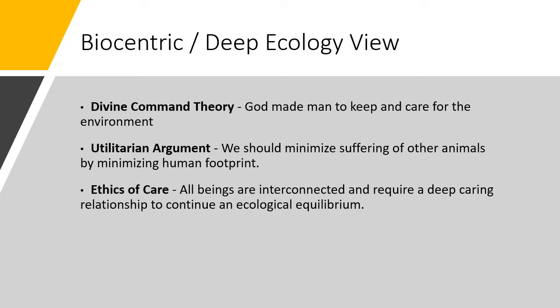And there are other arguments that we can look at. Again, I wanted to integrate a little bit of the metaethical point of view that we were talking about last week. If we go back to the utilitarian argument, Peter Singer is probably the most famous philosopher in this regard, who talks about how we should minimize the suffering of other animals by minimizing the human footprint. So we shouldn't be doing test experiments on other animals if it's going to bring them significant harm.